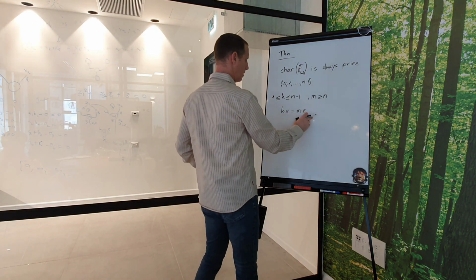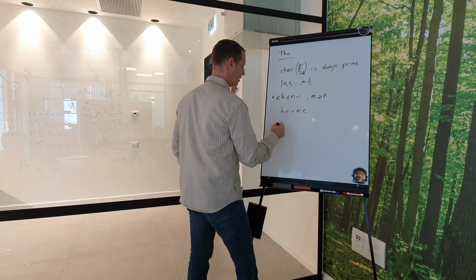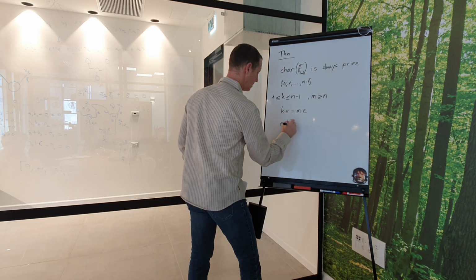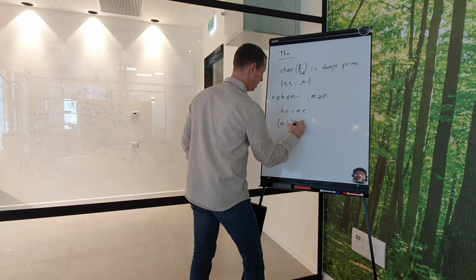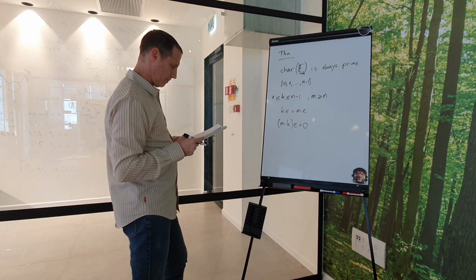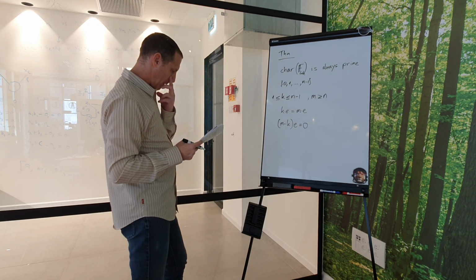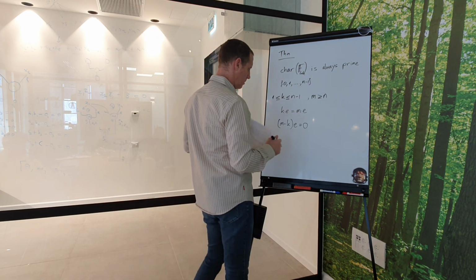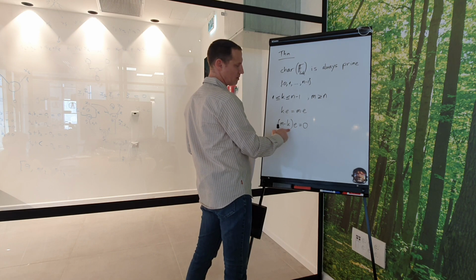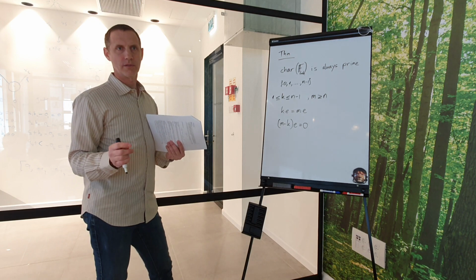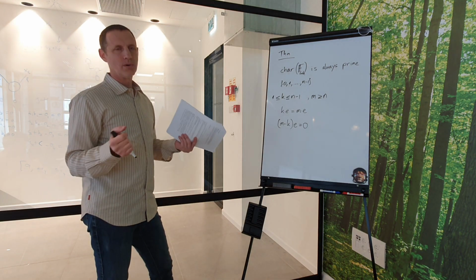And then if this happens, right, then we get that (m minus k) times e equals 0, okay? So because this is not 0, right, that means that it's a positive characteristic. And that's all we really want to show.